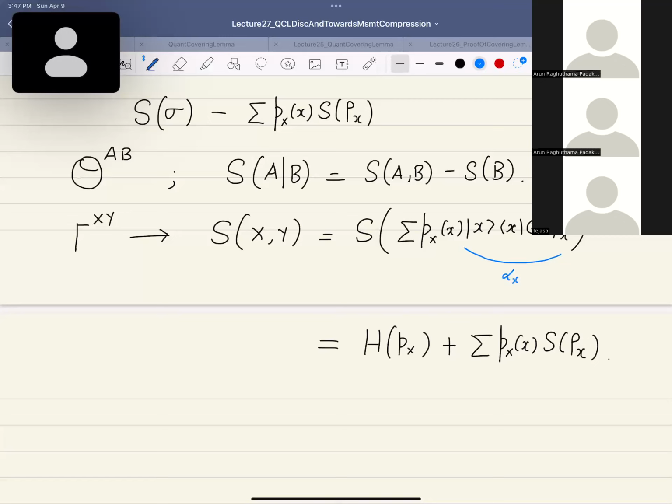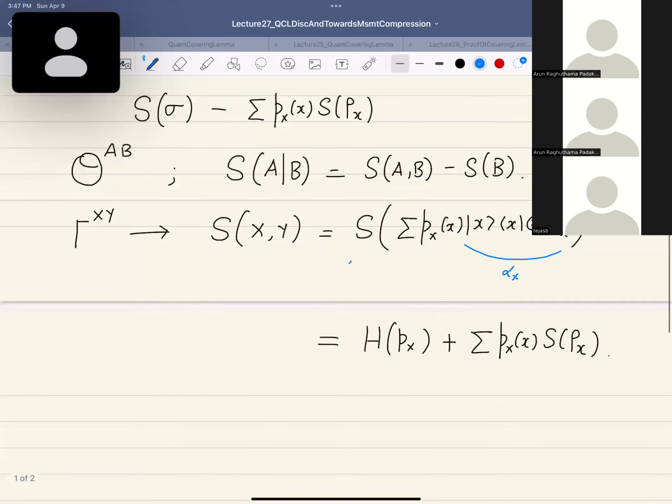So when they're orthogonal, you get the entropy of the distribution plus the sum of px of x S of rho x. Because of the orthogonality, it will be H of px plus the summation of px S of rho x. But that is the same as S of, same.